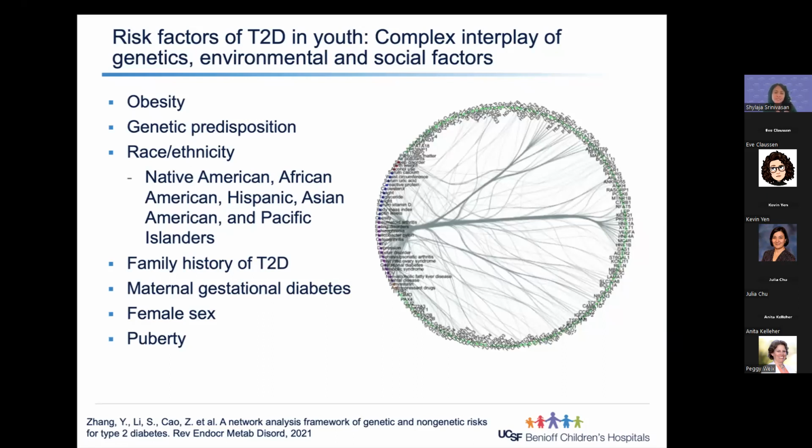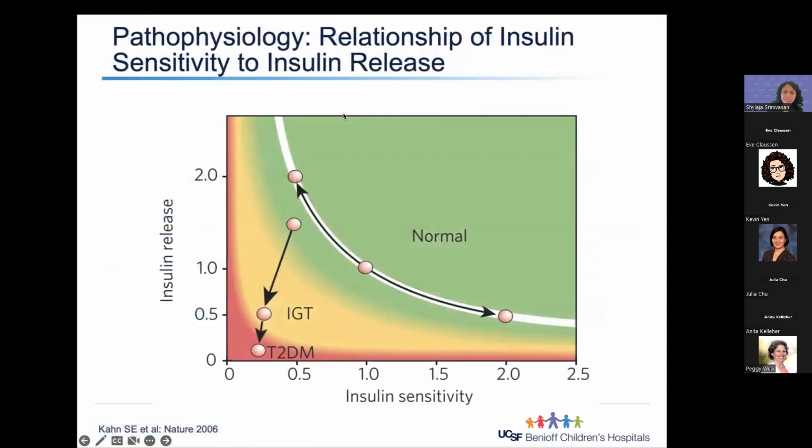And so this is thought to be the tipping point for the development of diabetes. So it is not impossible, but rare to see prepubertal children develop type 2 diabetes. And puberty is oftentimes the time when youth are diagnosed with type 2 diabetes.